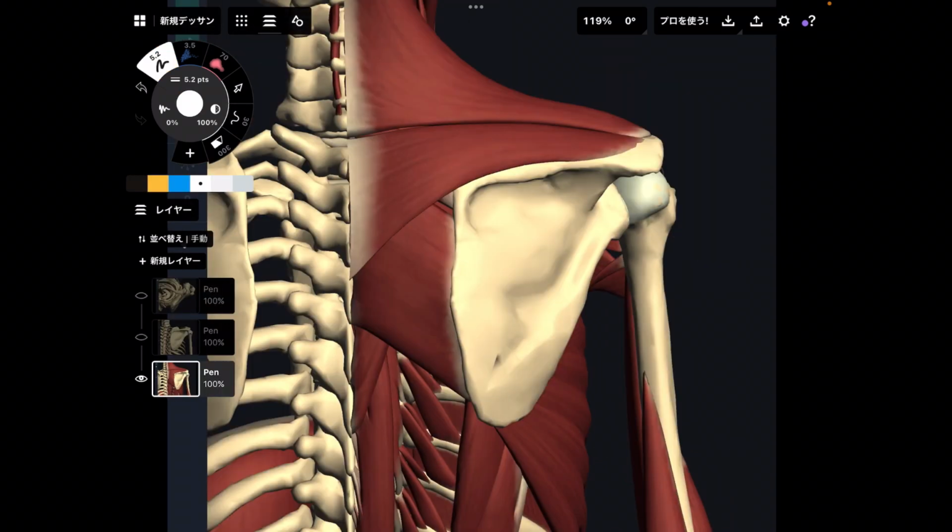Alright, let's start from the basic 4 movements. Elevation first. What kind of muscles do elevation? Basically 2 muscles. First one is trapezius, particularly the upper fiber, and levator scapula. Simple, right?